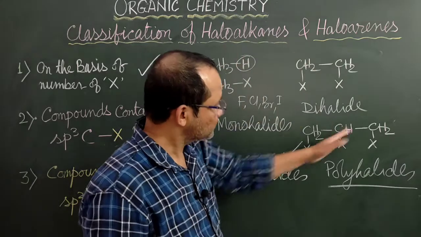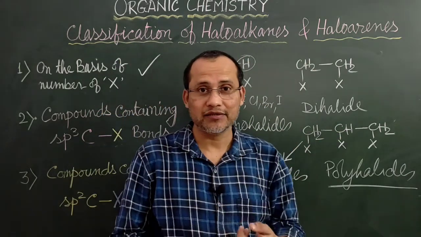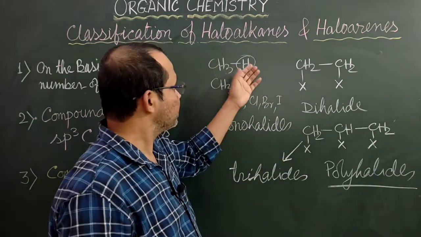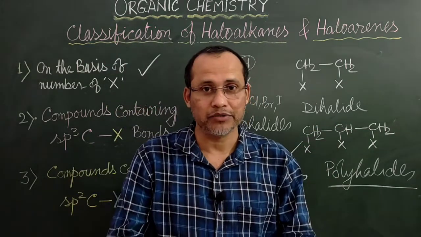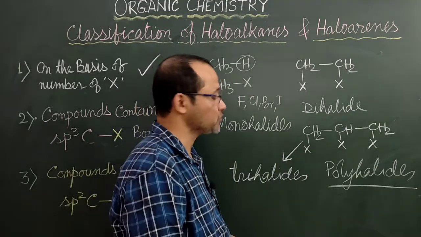Now in all these cases the examples were taken from alkanes, or aliphatic compounds. If we take similar examples considering aromatic compounds, then what will be the scenario? Let me show this also.